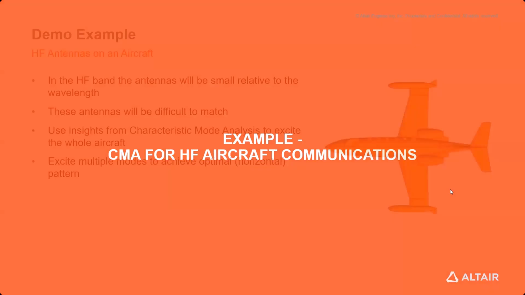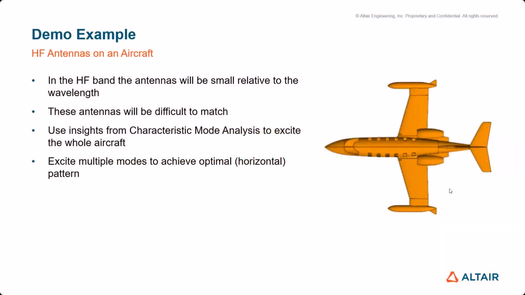A next example, looking at characteristic mode analysis for antenna placement on an aircraft. In this case, we're looking at the HF bands, where the antennas on an aircraft would obviously be relatively small relative to the wavelength.